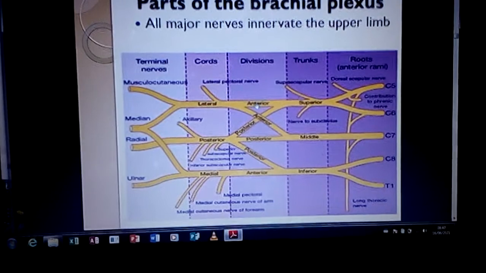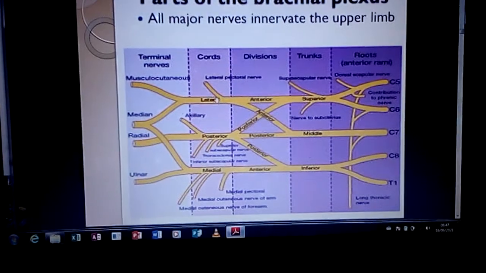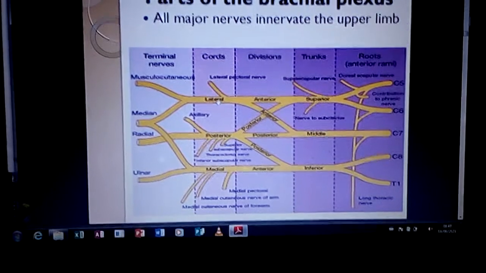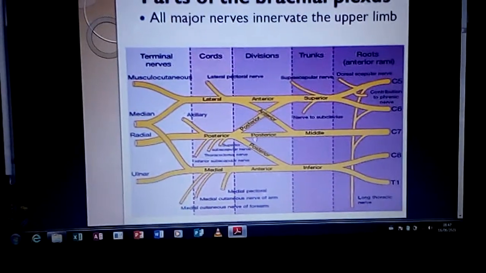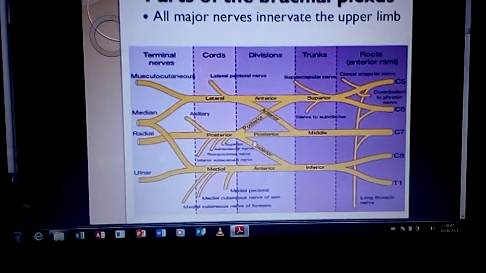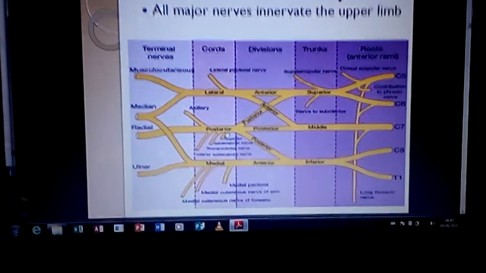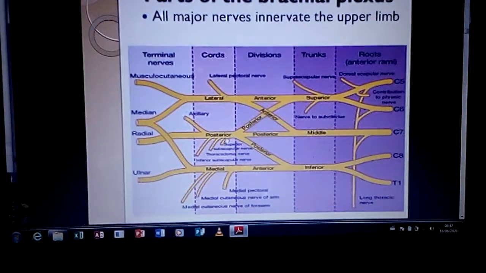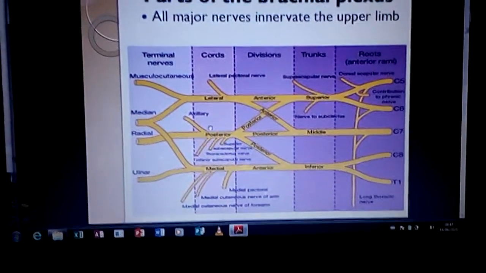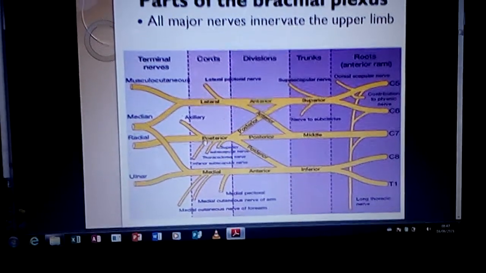The 2 anterior divisions, as you can see here, will combine to form the lateral cord. Then the 3 posterior divisions will combine to form the posterior cord. And this posterior cord is the one which innervates the posterior aspect of the arm.